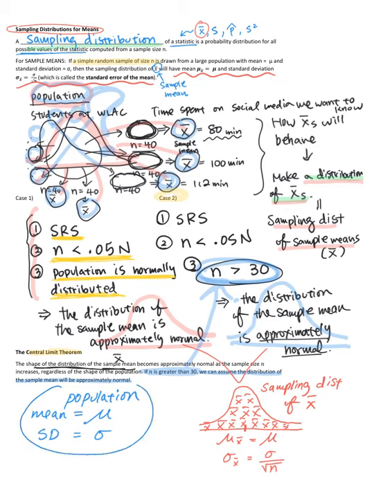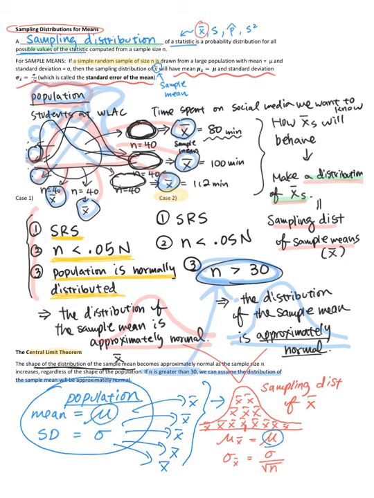So if you take a bunch of samples from a population with a mean of mu and standard deviation sigma, and then you calculate x bar for each sample, and then you make a distribution of these x bars, then the mean of those x bars is going to be the same as the population mean, and the standard deviation is going to be sigma over square root of n. All right, so that's the review for 8.1.